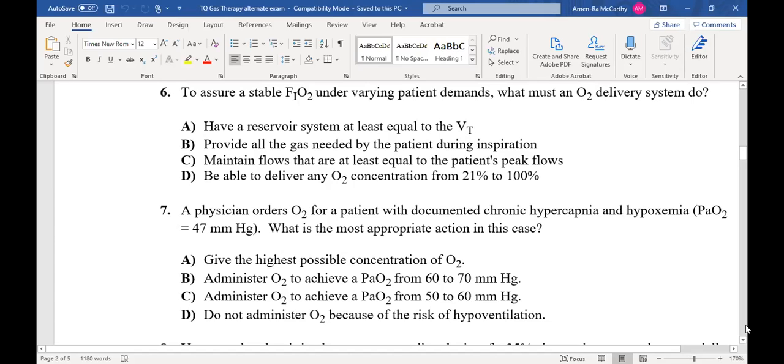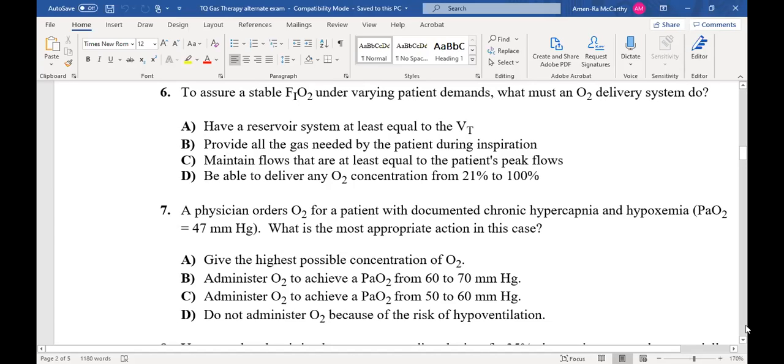But 60 to 70 is mildly hypoxic. That's what we want, because he's COPD. That's too low, okay? We need to give him some O2, but we don't give him too much. So we want his PaO2 to be around 60 to 70. That would be the best choice.